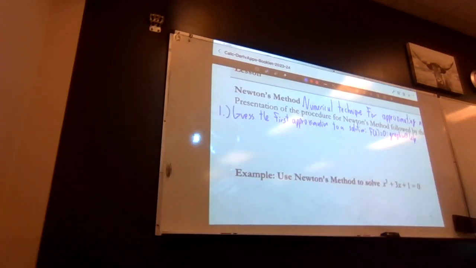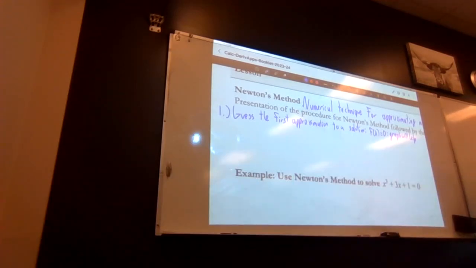Once we have our first approximation, we are going to use that first approximation with Newton's method and guess again. We will continue to use our approximations to find out, okay, what is the closest I can get?